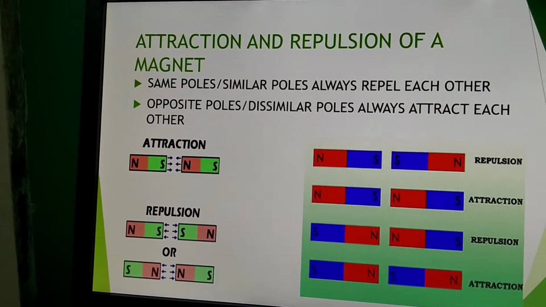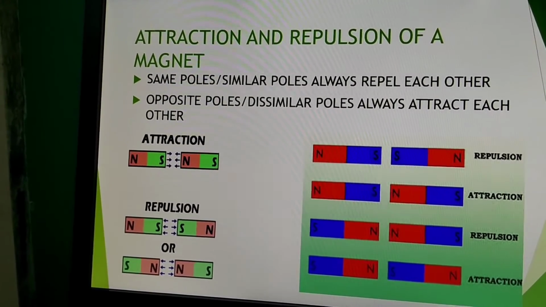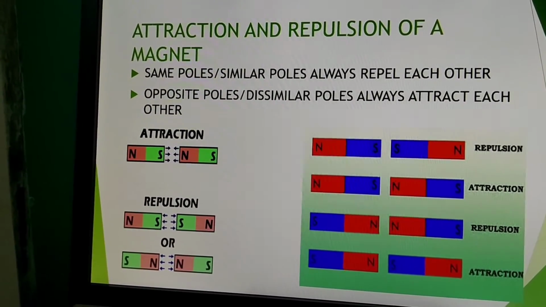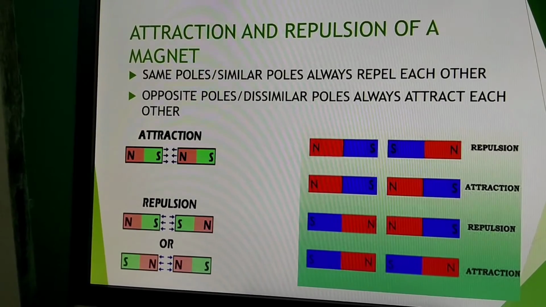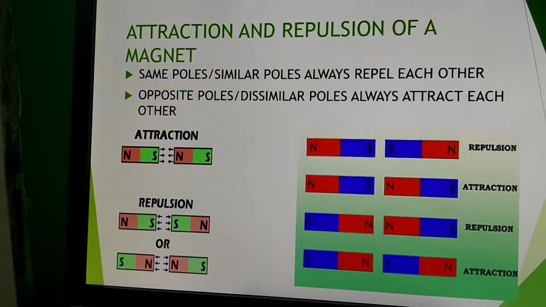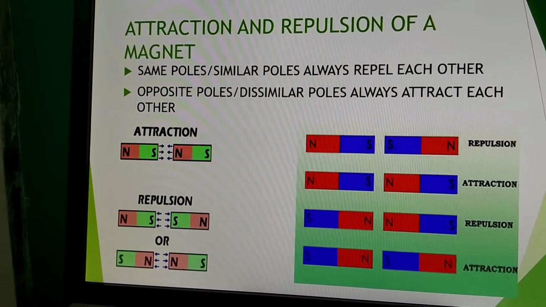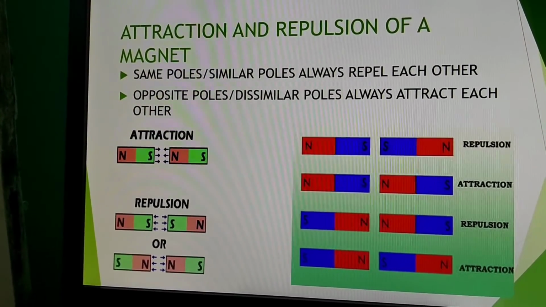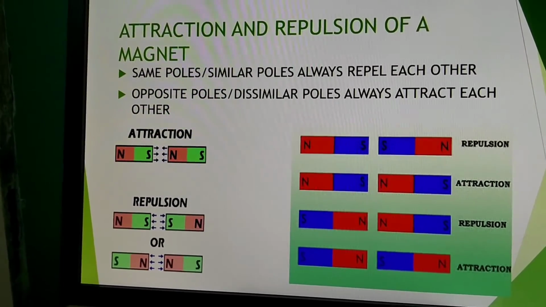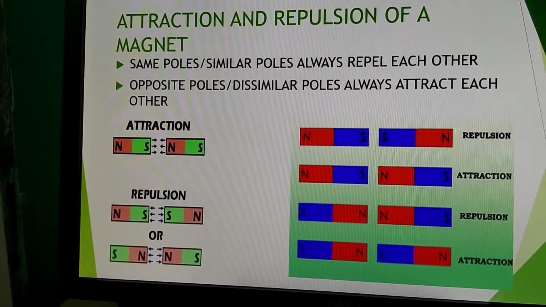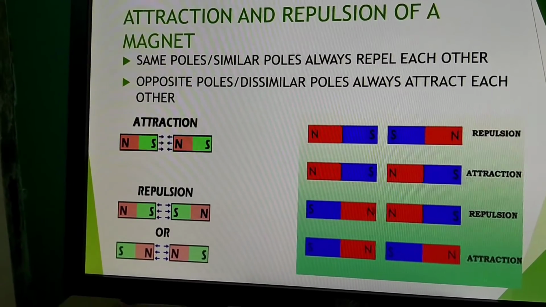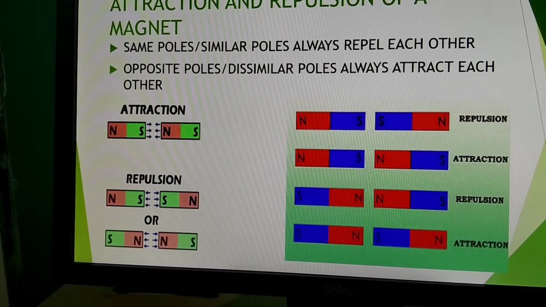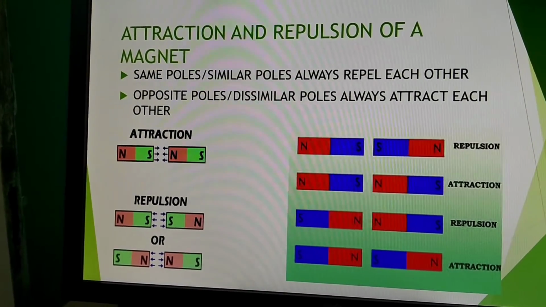Let us see how this attraction and repulsion takes place in a magnet. Now remember, in a magnet, same poles or similar poles or like poles always repel each other, whereas opposite poles or dissimilar poles always attract each other. So if you bring north pole of one magnet to the north pole of another magnet, repulsion will take place.